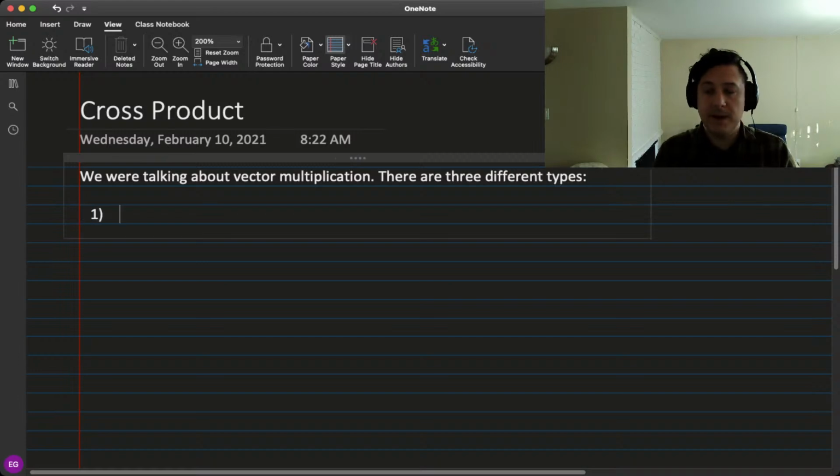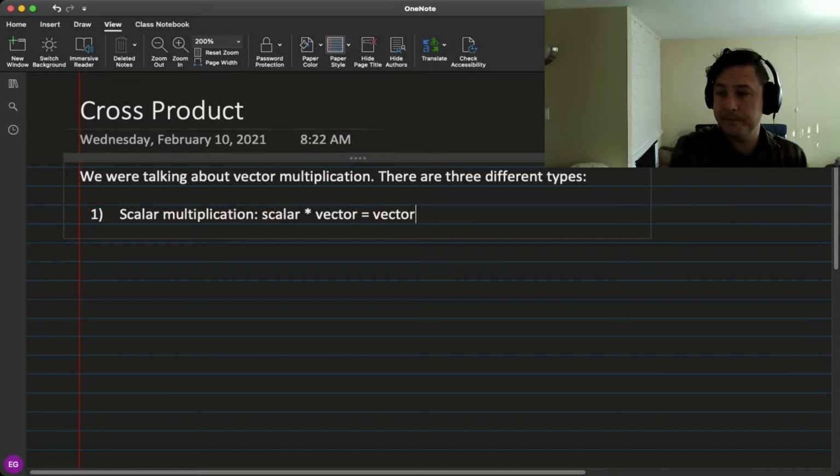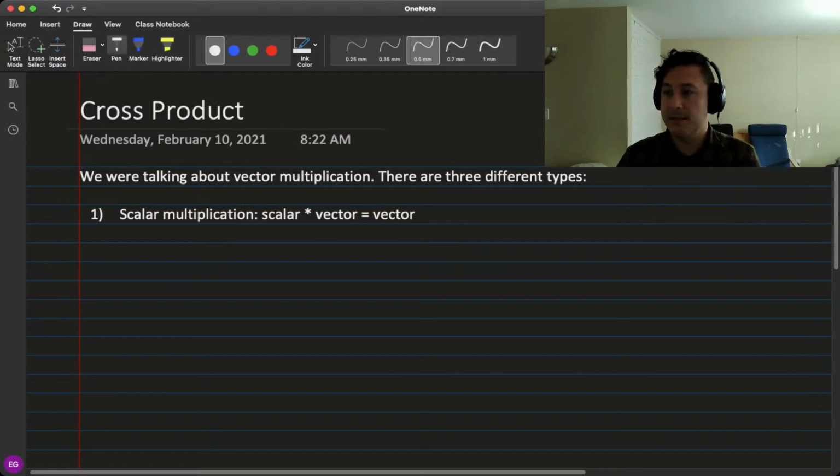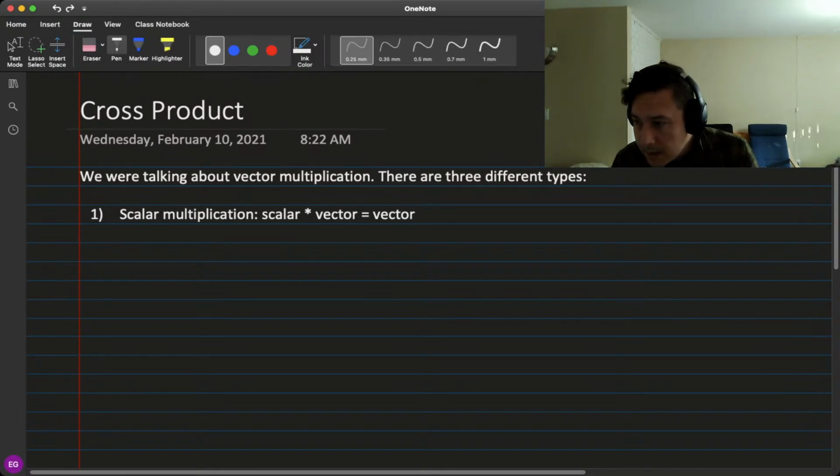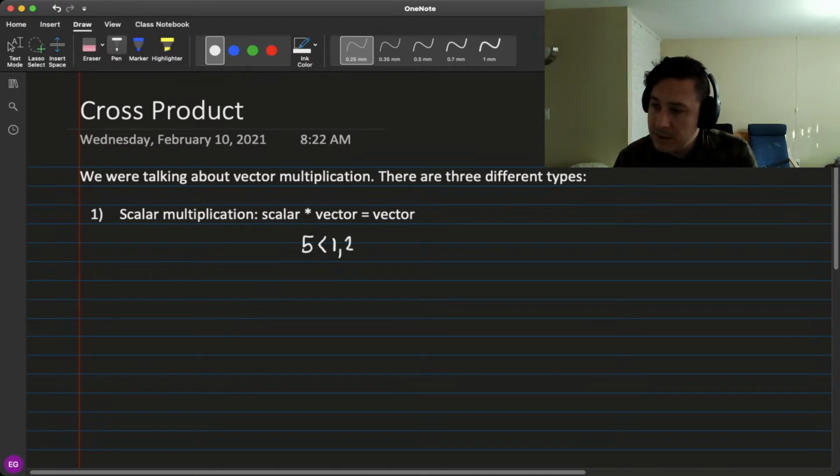The first one we learned about was scalar multiplication, which involves a scalar times a vector, which spits out a vector. As a quick example, you can have the scalar 5 times the vector 1 comma 2. It multiplies component-wise and you would get 5 comma 10.